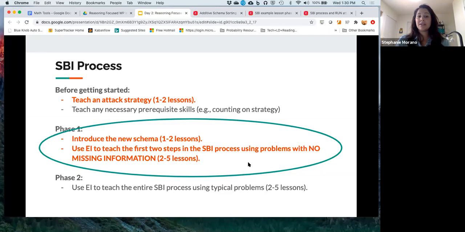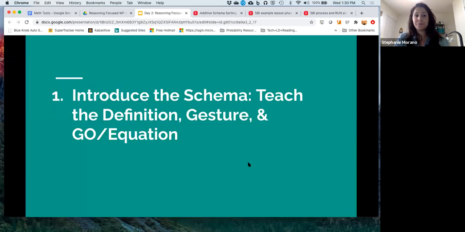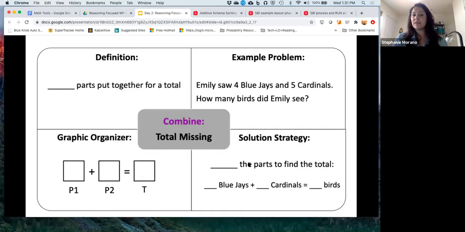And then we're going to teach the first 2 steps using problems, again, that don't have any missing information. So there are numbers there, but no missing information. So again, this is where we're focused now, the first 2 steps in the SBI process, and we're using problems with no missing information. We're going to introduce the schema, teach the definition, the gesture, and the graphic organizer and equation first.